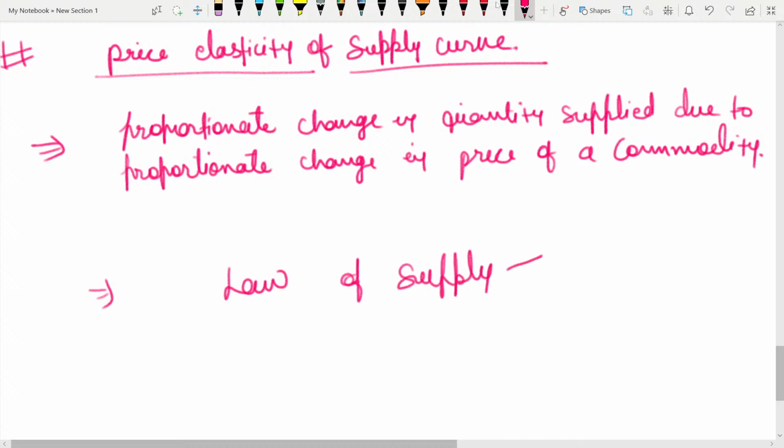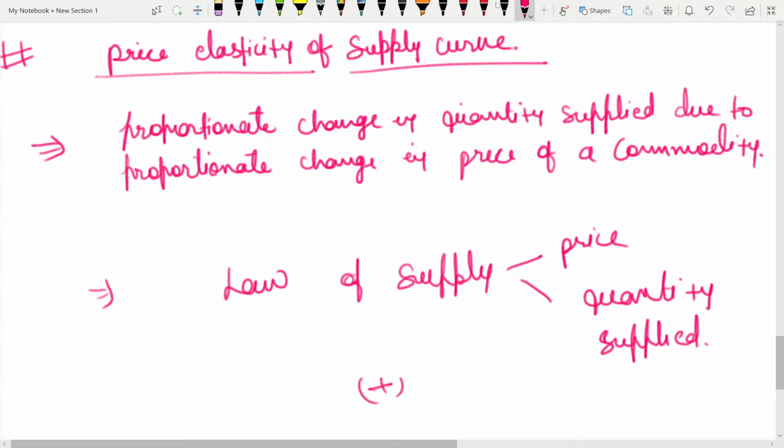Let me tell you that the law of supply basically tells the positive direction between price and quantity supplied. It talks only about direction.